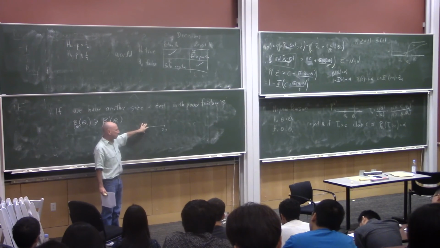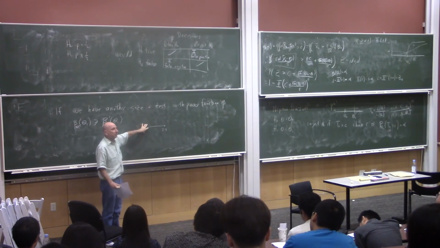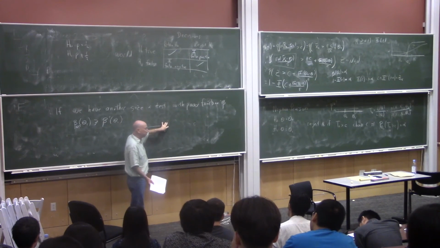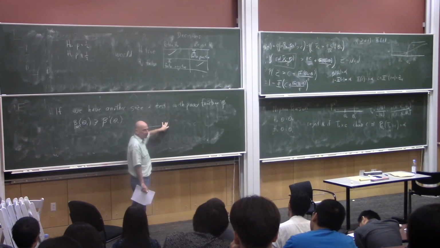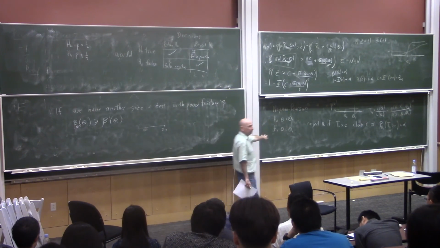So the first requirement is that if the null is true, if there's no particle there, you only have an alpha chance of making a mistake. But there are many tests you can construct with that property. You can find lots of tests that have only, say, a 5% chance of an error. I want to make sure, though, that if the truth is over here, I have the highest possible chance of rejecting it. And of all the tests you can construct, this one maximizes that.